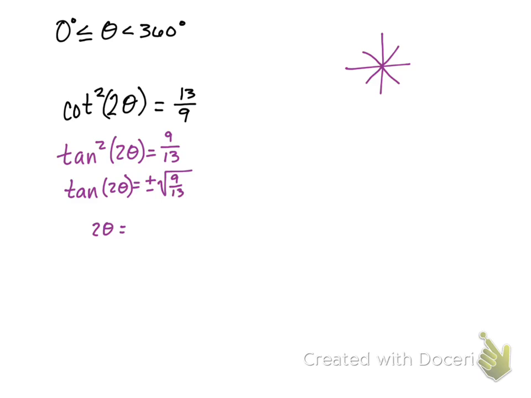Okay, let's redo this really quickly. So we need the inverse tangent of square root of 9 over 13. Okay, here we go. This is 39.7. We'll go 0.8 degrees.